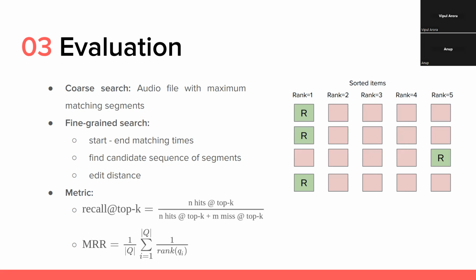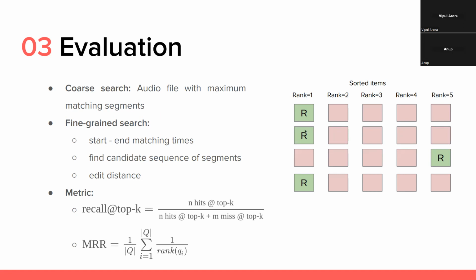And then there are 2 metrics based on which we evaluate the performance of the fingerprinting methods. First is the recall rate. If you see this example, recall rate tells us how often your desired result has been found within the top ranks.